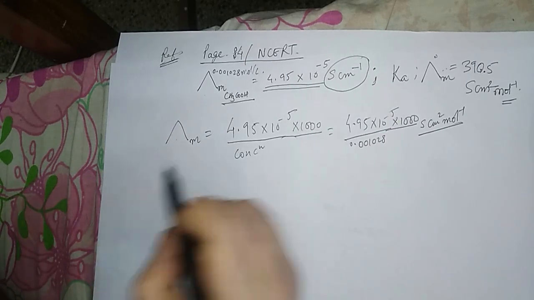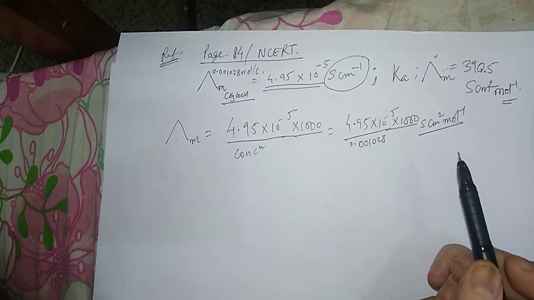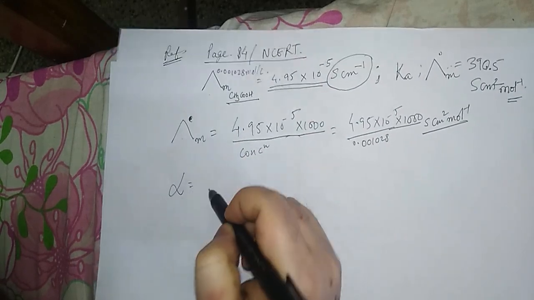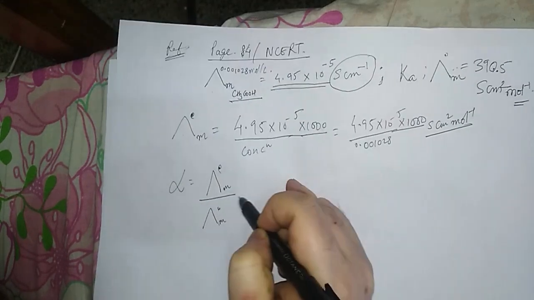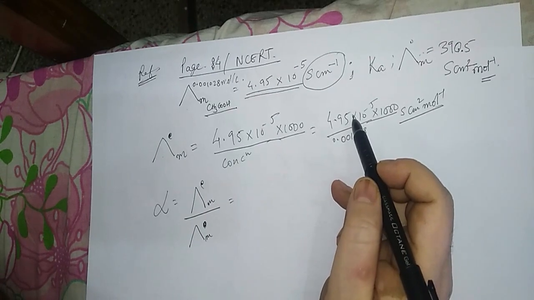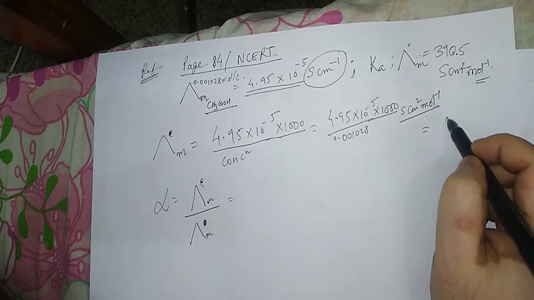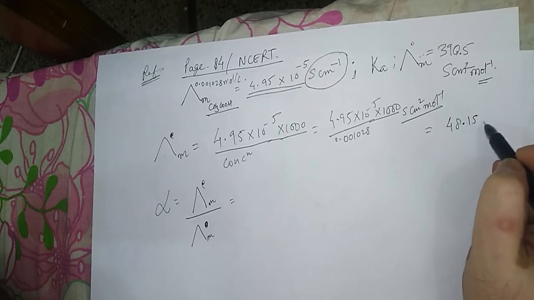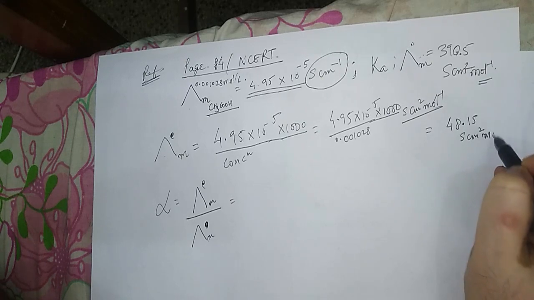Now lambda at a given concentration is found out, so we know alpha is equal to lambda at a given concentration divided by lambda m at infinite dilution. Whatever value we get, this will come out to be 48.15 Siemens centimeter square per mole.